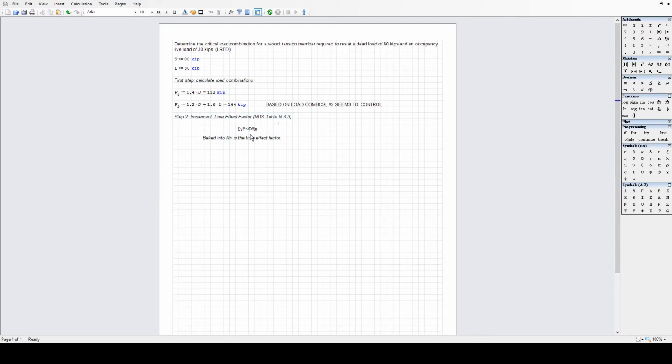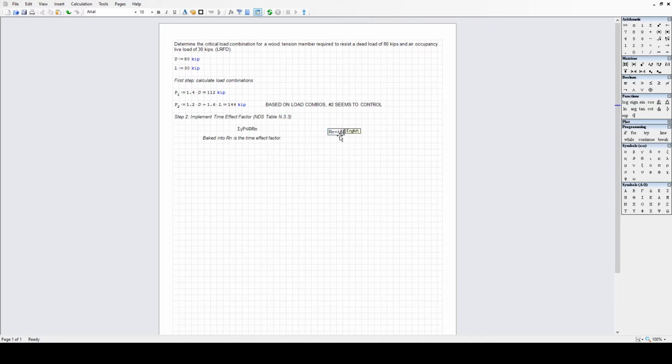The nominal resistance is going to be basically a lambda times something. You're going to have your time effect factor times some things, and those things are going to be your nominal stress times maybe a cross-sectional area and then times a series of factors.